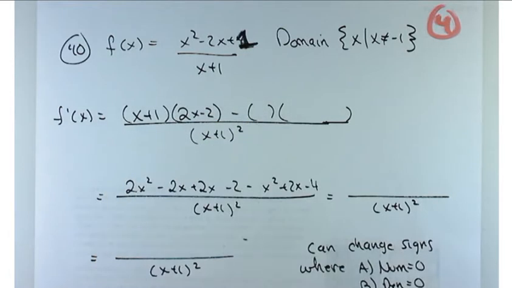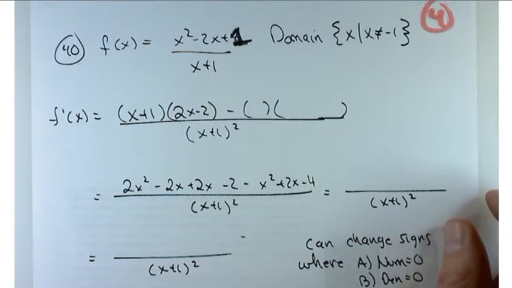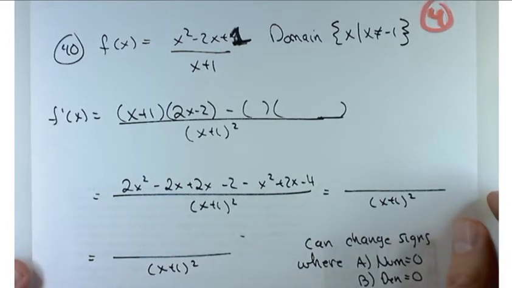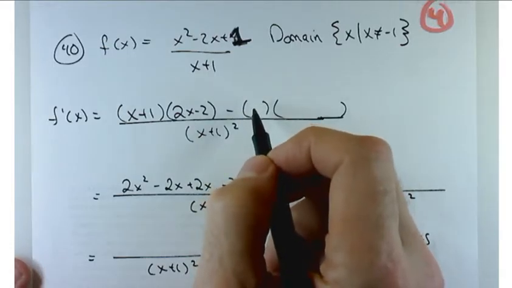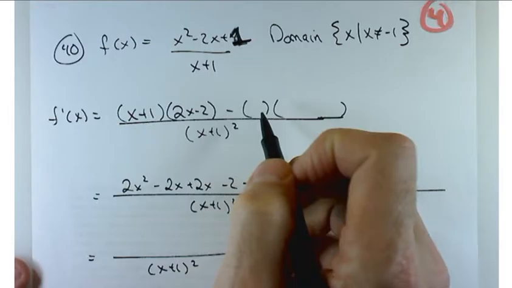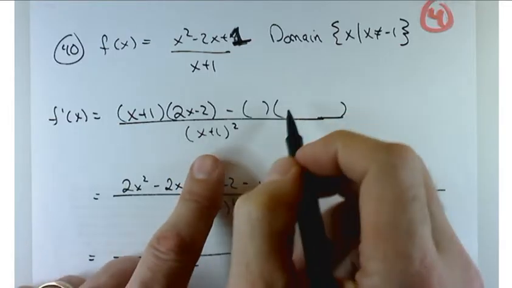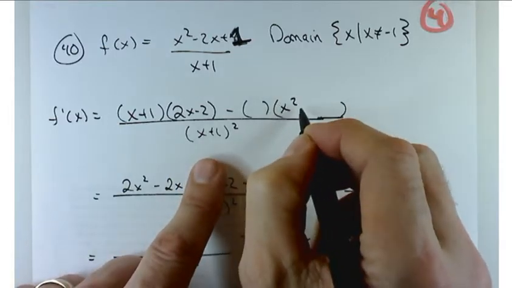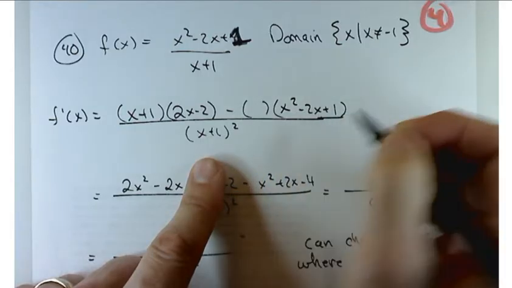And then the numerator, 2x plus 1, times the derivative of the denominator. Derivative of the denominator is just 1.